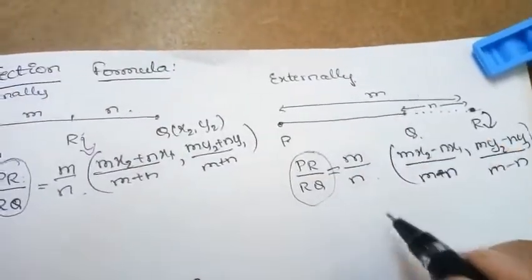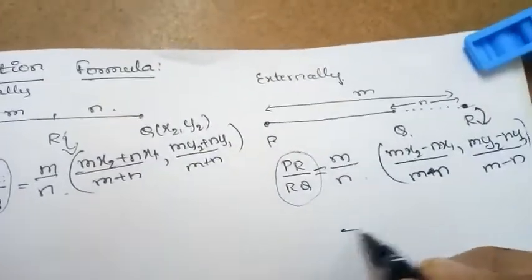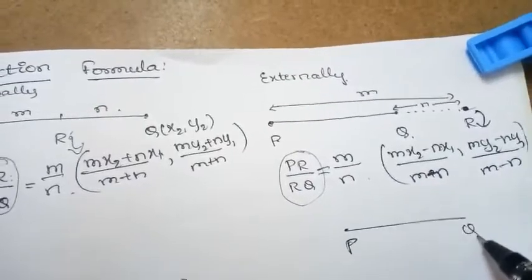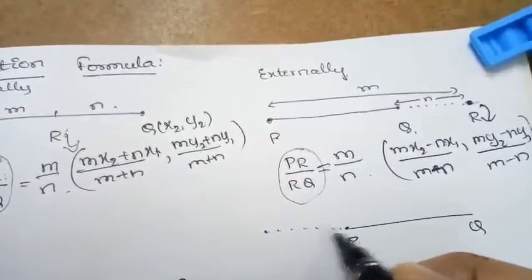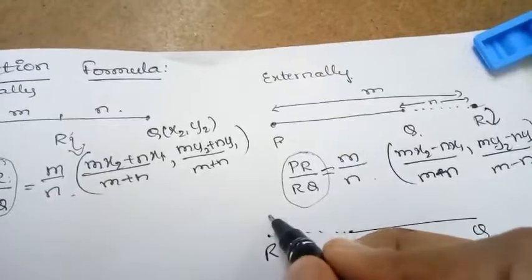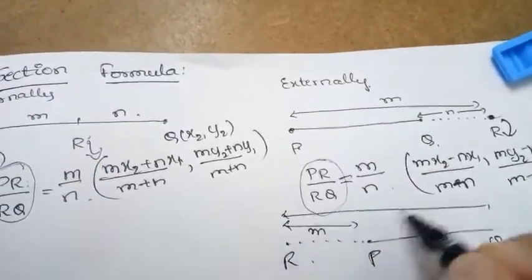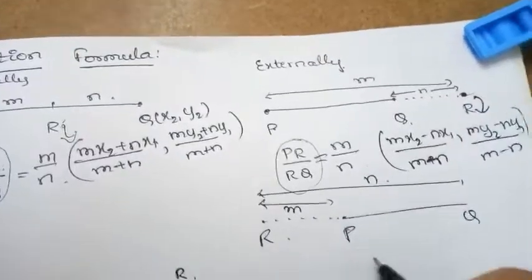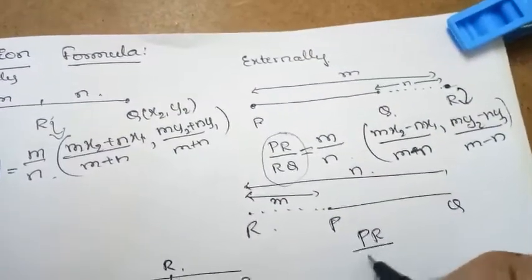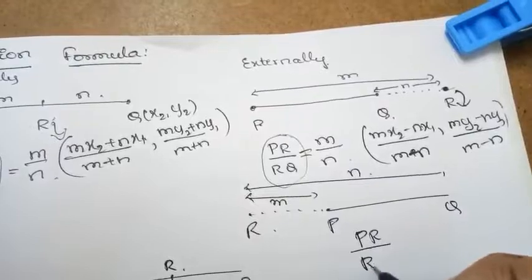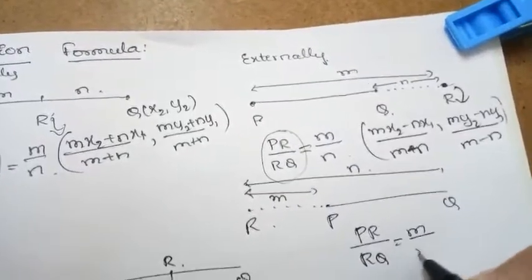Suppose in the case of external division, if this was our PQ and it was extended like this, again here also we are finding the ratio. This will become m and this will become n. Here also we are giving the ratio PR by RQ itself, in the form m is to n.